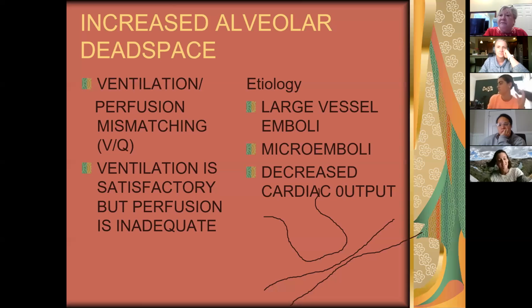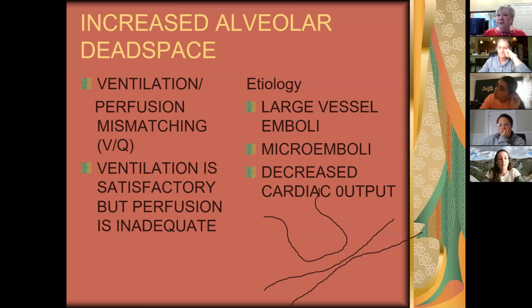So it's stuck down in the feet or down in the vena cava somewhere. So in increased alveolar dead space, people whose blood pressure has dropped are going to be hypoxic. People with clotting disorders, with clots going to the lungs, are going to be at risk for hypoxia. Low blood pressure is hypoxic. Clotting disorders, hypoxic.